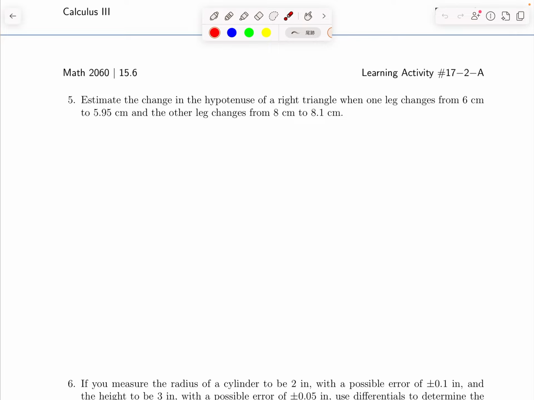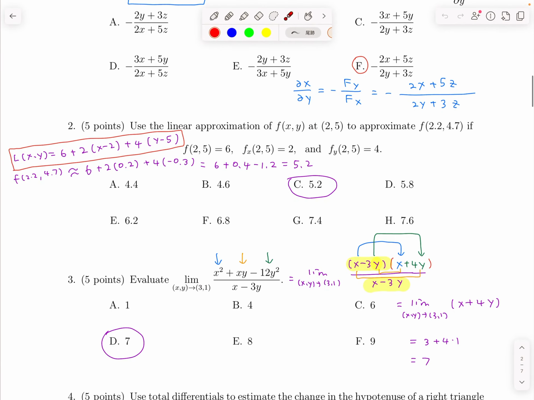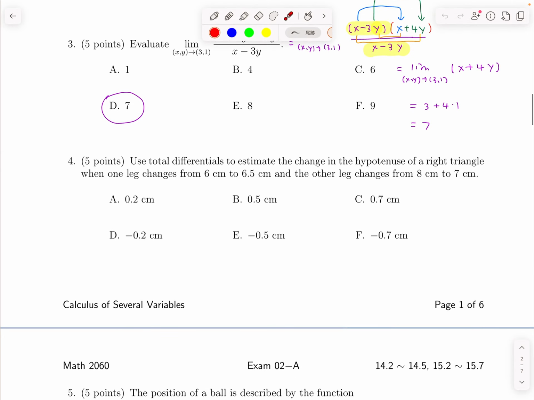The reason I want you to practice this problem is because if you take a look at exam 2 from spring 2025 and take a look at multiple choice number 4, you can see that this is basically the same question, except for the numbers.